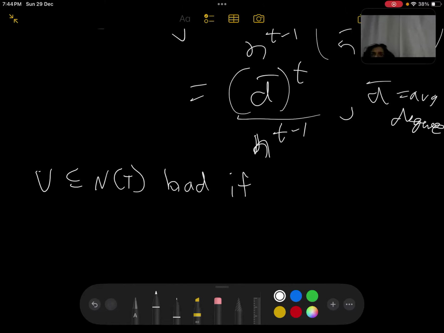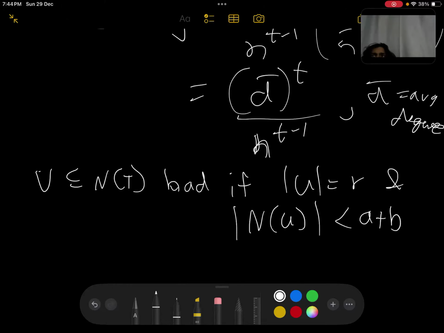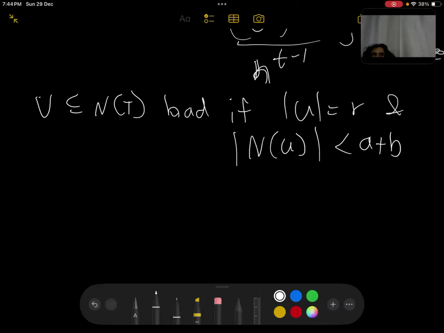We call U in NT bad if the size of U is R and the number of common neighbors of U is less than A plus B. The idea here is the same as what we had done for the Ramsey number. There is an alteration idea. Whenever we have a bad subset, we remove one vertex from every bad subset. So what we'll be left with will have no bad subsets.